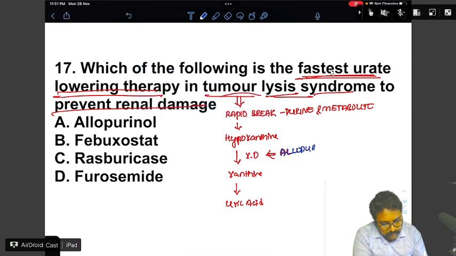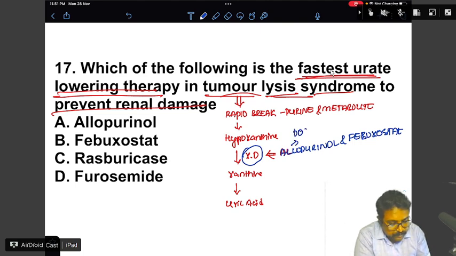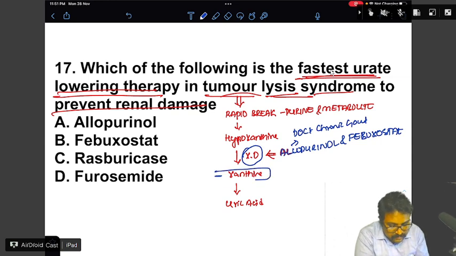Allopurinol as well as febuxostat will block the xanthine oxidase. Allopurinol is the drug of choice for chronic gout. But by inhibiting xanthine oxidase, you are going to inhibit the formation of xanthine.